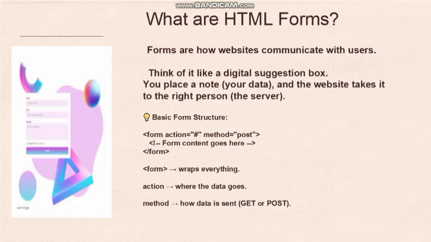It is either sent to a processing file or to a server-side file to process it. That's why I say action, where the data goes to. Now we have method, how the data is sent. Either the data is sent via the get method or the post method. Let's move on.